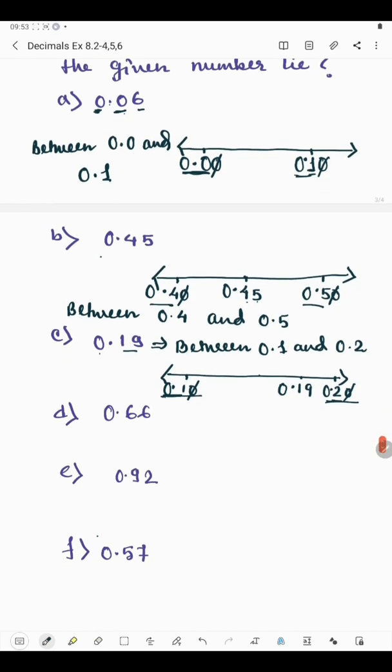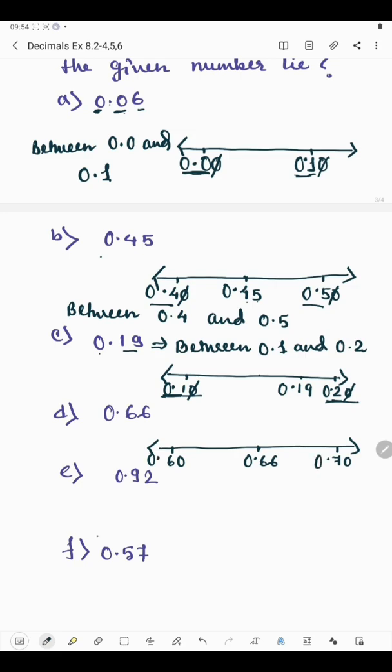Okay, now in D part we have 0.66. So let us draw the number line. 0.66 means 66 if you ignore the point, suppose it is here, so 66 lies between 60 and 70. Right, now we are putting the decimal, after 2 digits here, and here also we'll put the decimal.